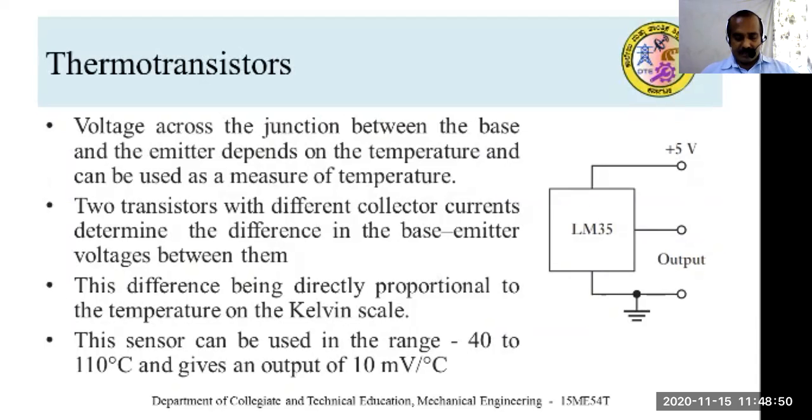Two transistors with different collector currents determine the difference in base emitter voltage. This difference is directly proportional to the temperature on the Kelvin scale. This sensor can be used in the range of -40 to 110 degrees centigrade, and it gives an output of 10 millivolt per degree centigrade.